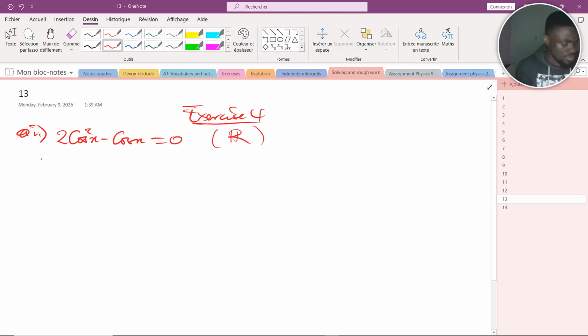Okay. Here, how am I going to solve it? This is very simple. I'll factorize cos x here. So this will give me cos x into 2 cos x minus 1 equals to 0. So I'll simplify this.